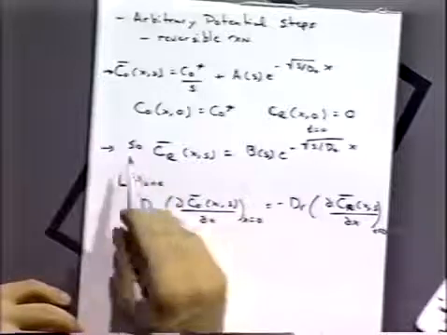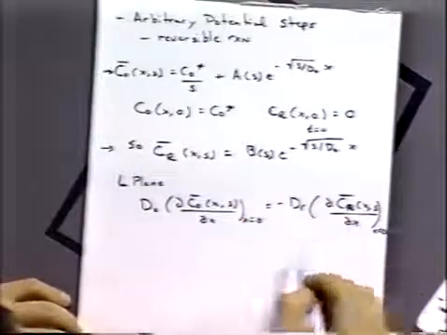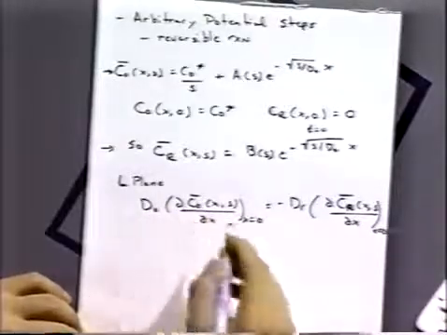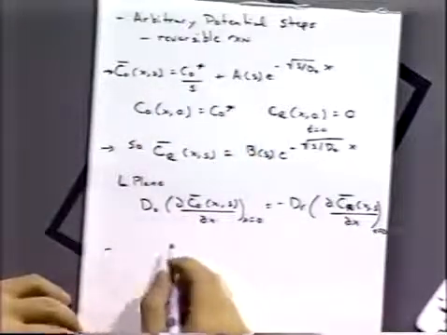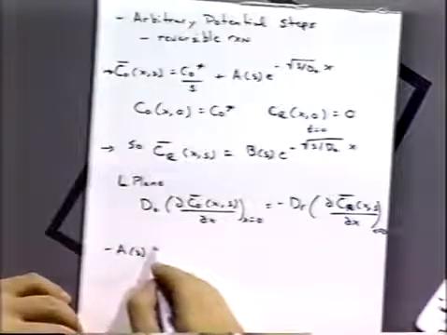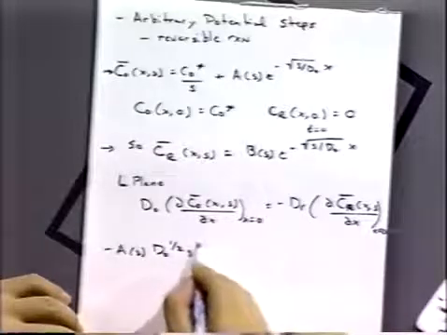Now we can take the derivative of these and substitute these expressions in, and we get the following equations. If we take the derivative and substitute it into these equations, we get minus A of s, D_O^(1/2), s^(1/2).